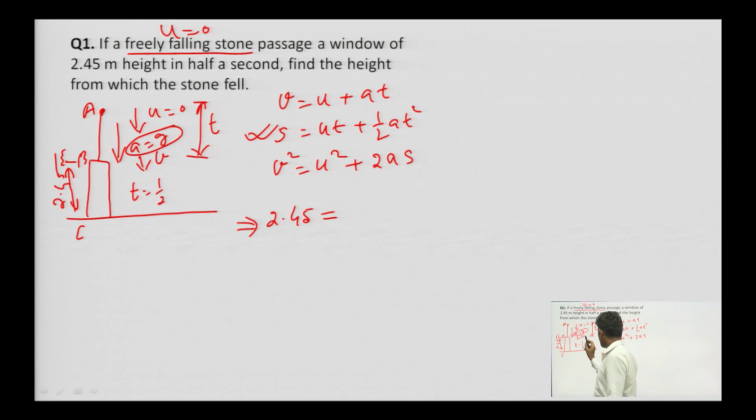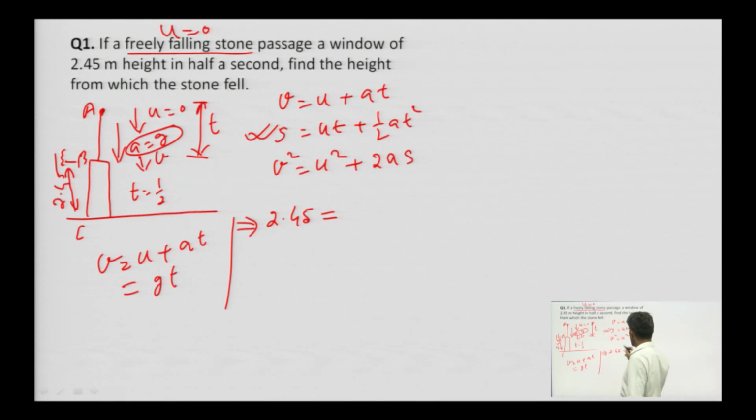So first let us calculate v. v will be u plus at. u is 0, so it is g into t. So u will be g into t, into t, plus half g t square.